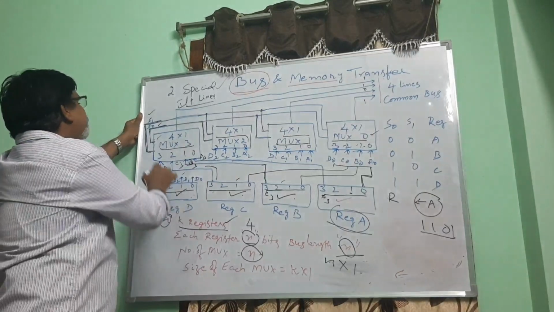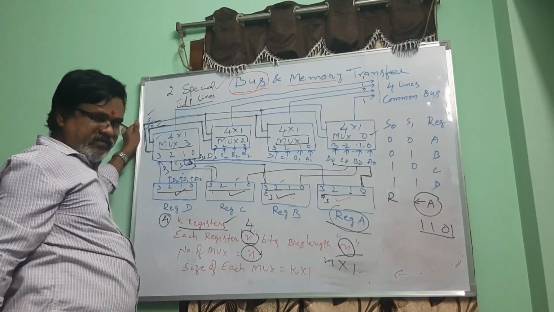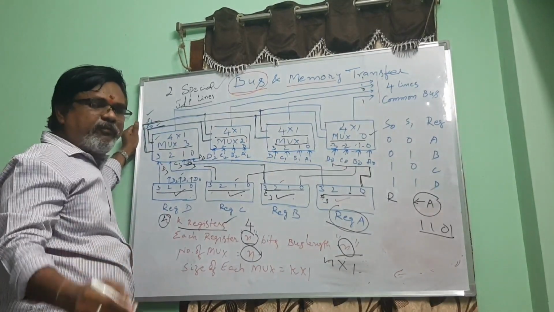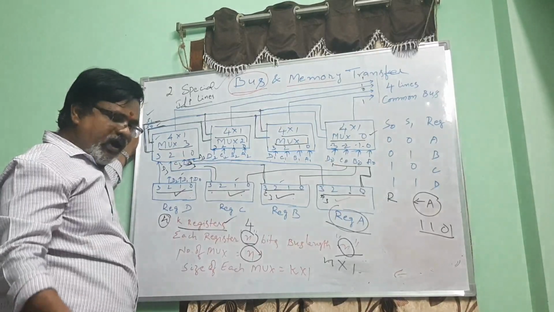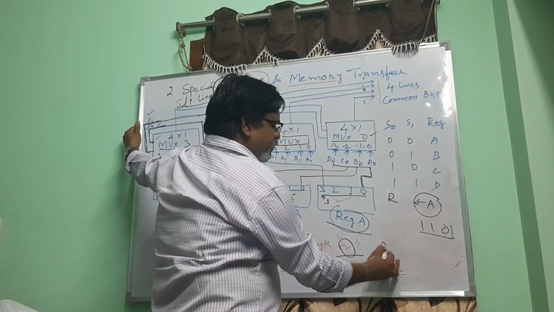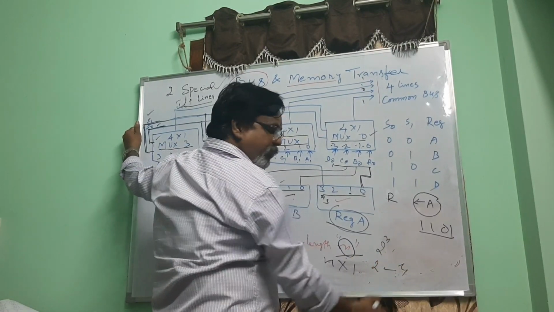So you know very well that there are 2 binary input lines. The number of possible combinations you can generate with n input lines is 2 power n in binary. So if there are 2 input lines, then a total of 4 combinations you will get.